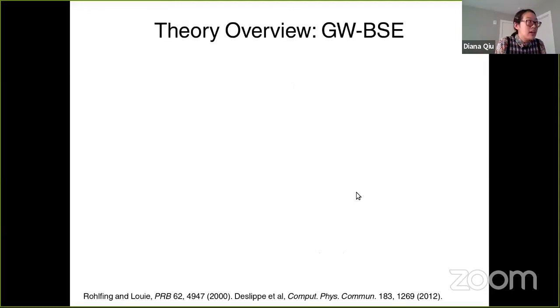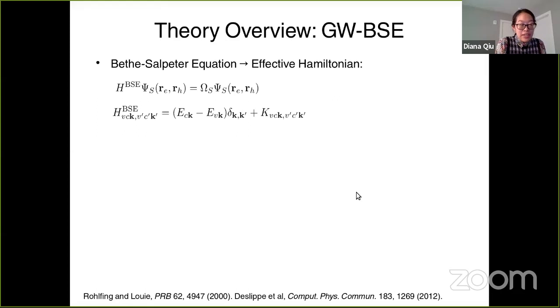If you write the Bethe-Salpeter equation in a basis of electron-hole pairs, you can write it in this effective Hamiltonian form, where you have the BSE Hamiltonian, the eigensolutions are your exciton wave functions psi_s, and the eigenvalues are your exciton excitation energies omega_s. In the basis of electron-hole pairs, the BSE matrix looks like this.